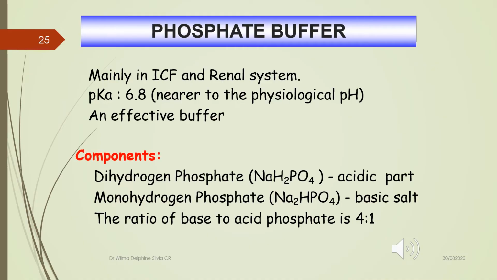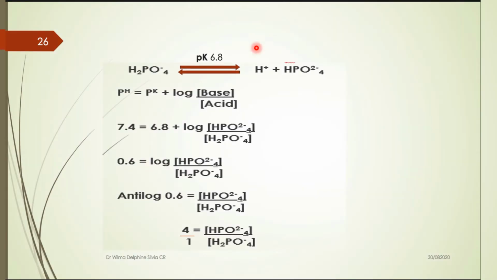The main elements of the phosphate buffer system are dihydrogen phosphate and monohydrogen phosphate. The ratio of base to acid phosphate is 4:1. So the components of the phosphate buffer system are dihydrogen phosphate and monohydrogen phosphate with the pK of the reaction 6.8.